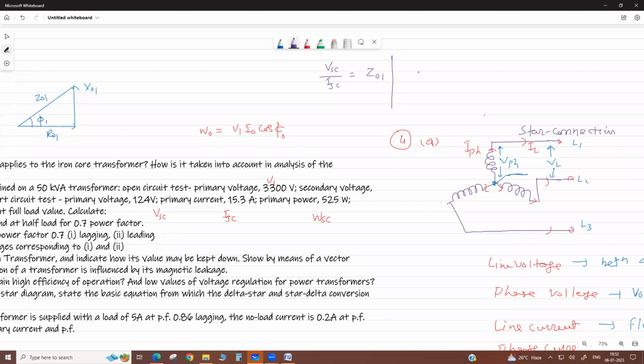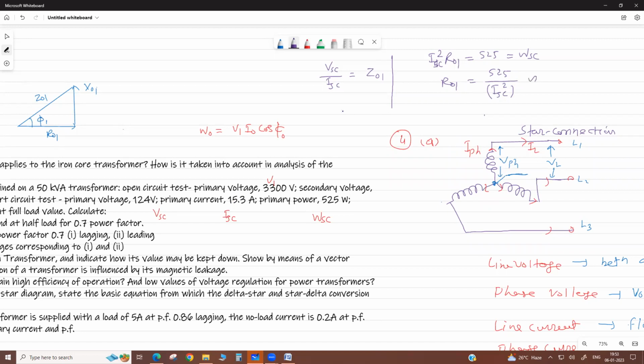And second is losses during short circuit, the total equivalent resistance R01. It is given as 525, which is WSC, the power. Divide by ISC square, where the current is given as 15.3.